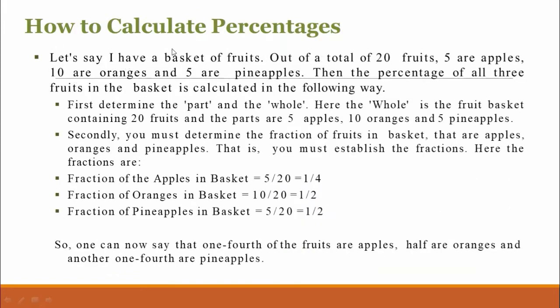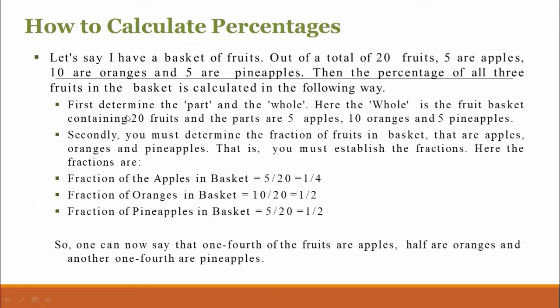Now, how to calculate percentage? Let's say I have a basket of fruits. Out of a total of 20 fruits in the basket, 5 are apples, 10 are oranges, and 5 are pineapples. Then the percentage of all these 3 fruits in the basket is calculated in the following way.